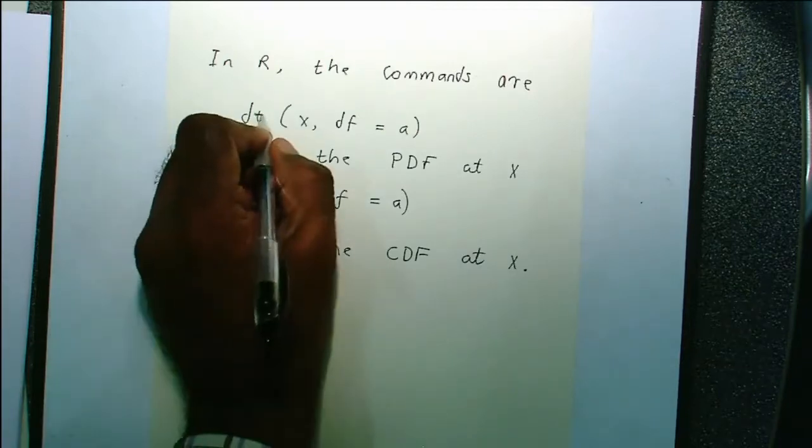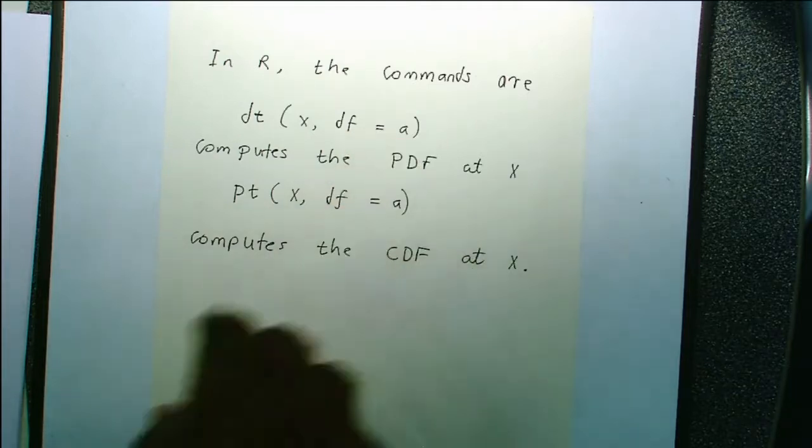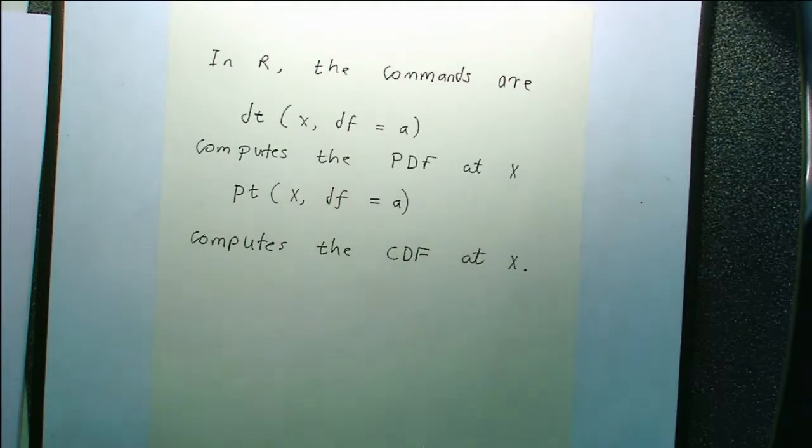I hope you can read my writing. dt is for the density of T. pt is for the CDF of T with degree of freedom, df stands for degree of freedom, equal to A, right?